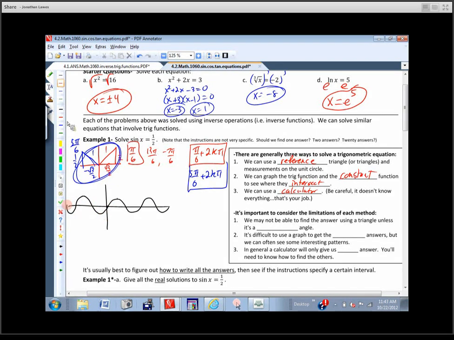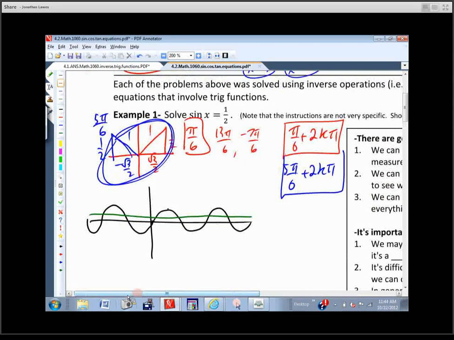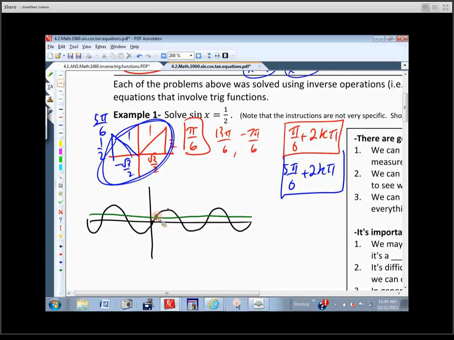And we want to know where y equals 1/2. So 1/2 would be a line that runs about right in there, right? So guess what that answer is right there? Pi/6. So it intersects that line going on the way up.